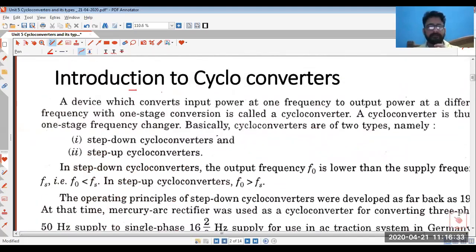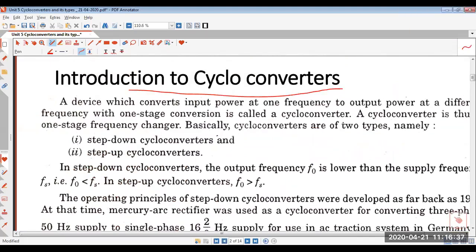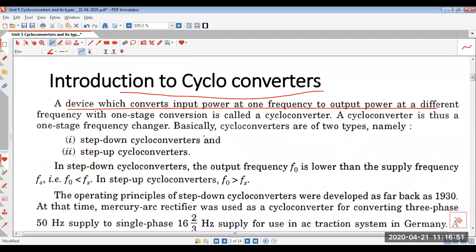Now let us come to the introduction of cycloconverters. As I have stated earlier, a device which converts input power at one frequency to output power at a different frequency. This indicates that a cycloconverter converts power from one frequency level to another frequency level.